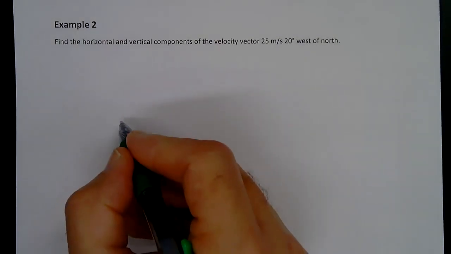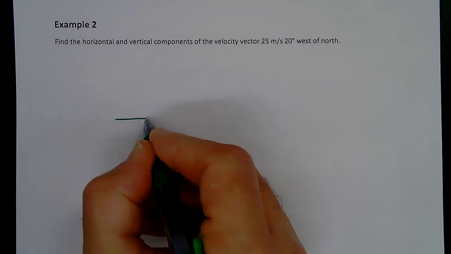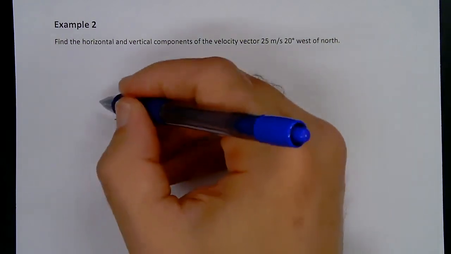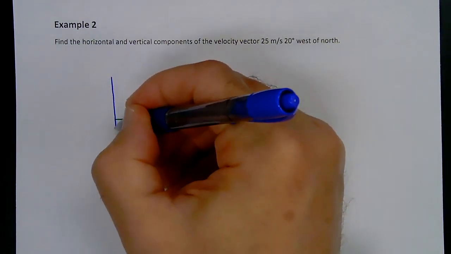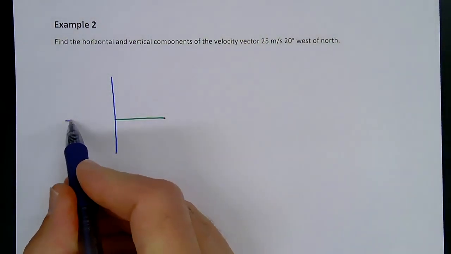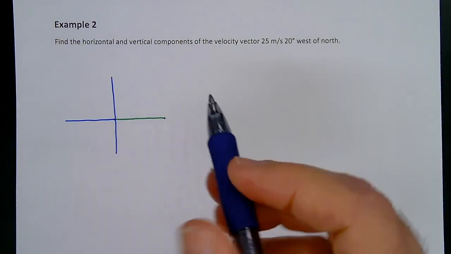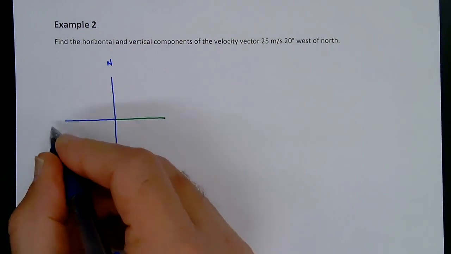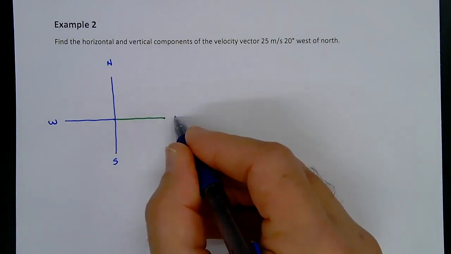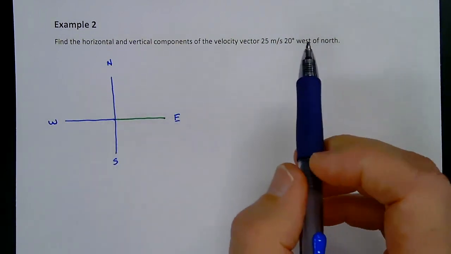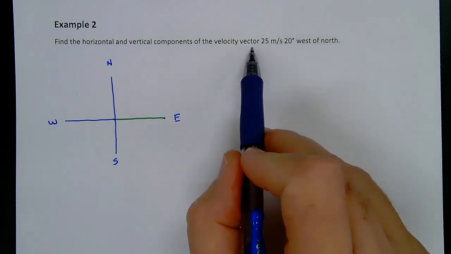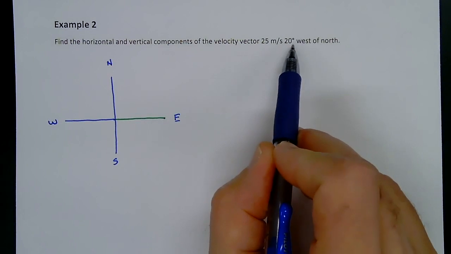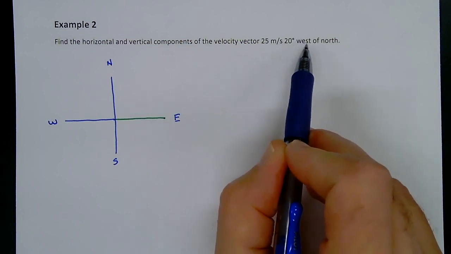I'm going to draw my positive x-axis in green so you always see it, and then my y-axis and my negative x-axis. Again, this is north, this is south, this is west, and this is east. This time we're going to draw a vector that's 25 meters per second, and it's 20 degrees west of north.